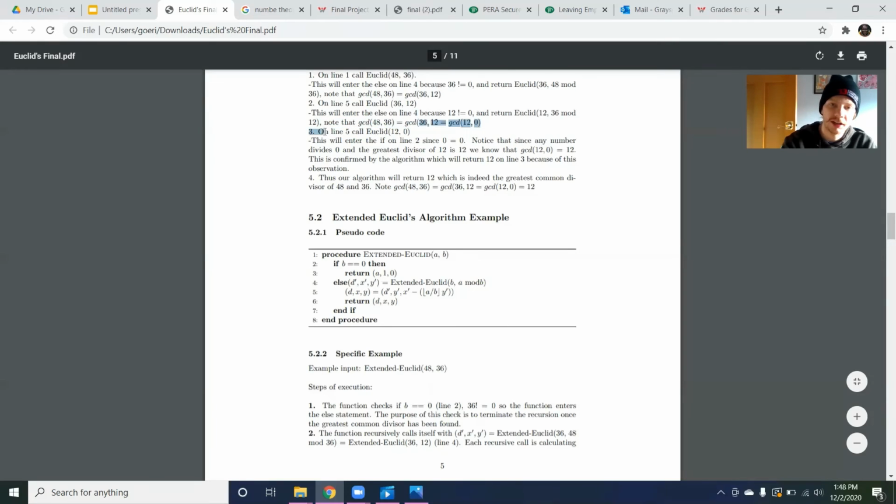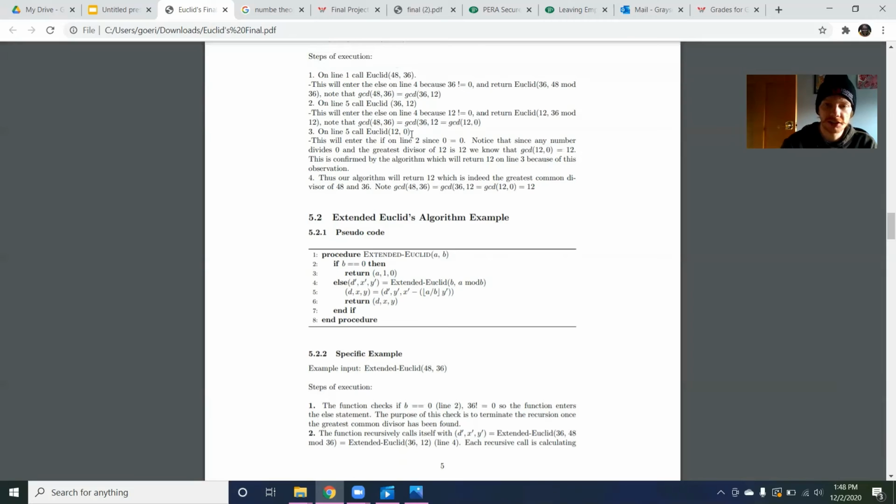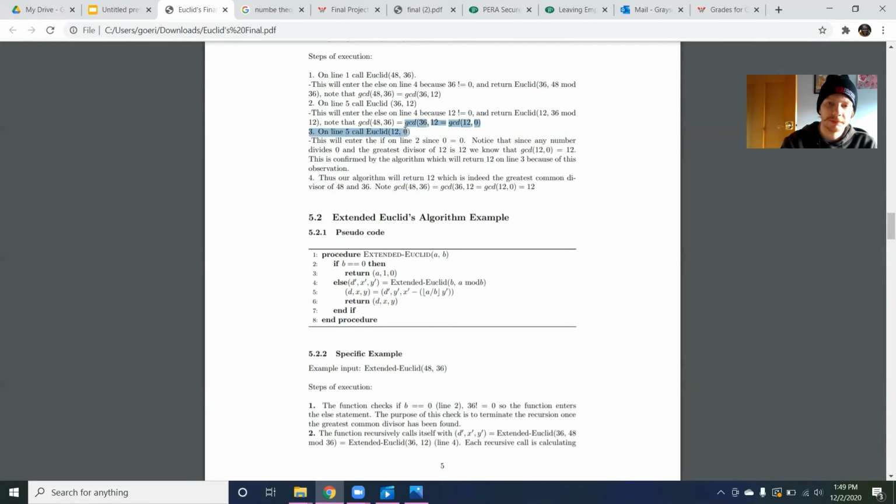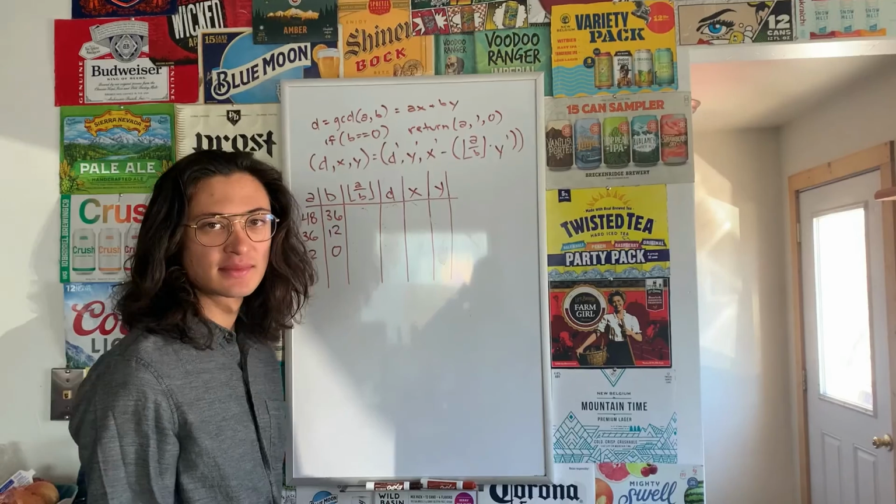We'll do that call, and we'll finally get down to the termination condition because B equals 0 right here. So then we will get the greatest common divisor of them is 12. And again, you'll get this kind of chain like this, where you get the greatest common divisors are equal to each other down the chain until you can calculate what they are.